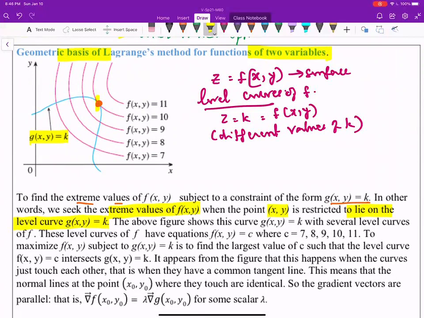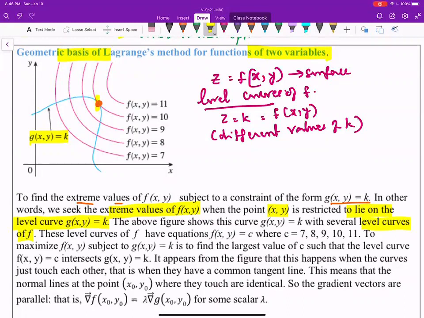The figure shows this curve g of x, y equal to k with several level curves of f. The red ones are level curves of f, and the blue one is the constraint curve.